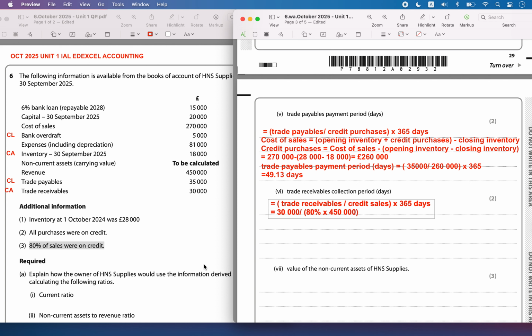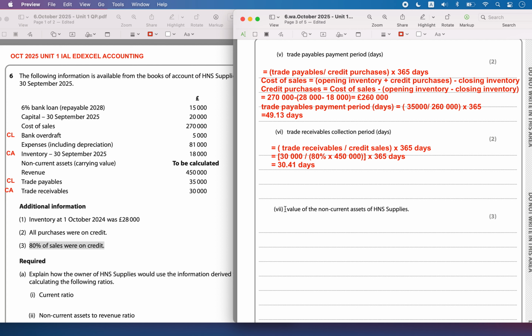Revenue has both cash sales and credit sales, and 80% of it was credit sales. So only those credit sales you will take into account. The rest 20% must have been cash sales. Multiplied by 365 days, that is going to be equal to 30.41 days.